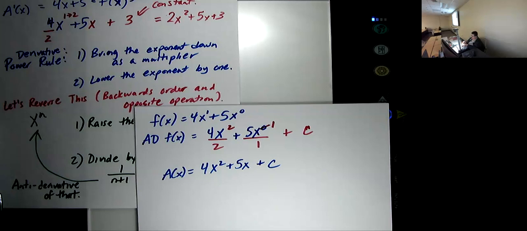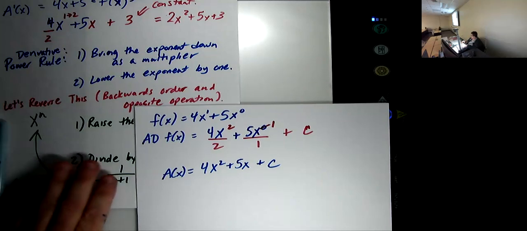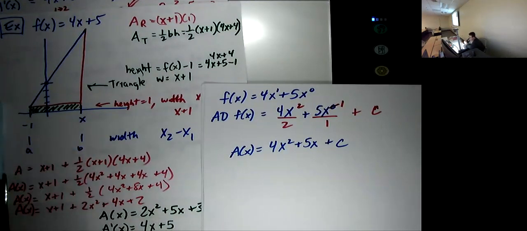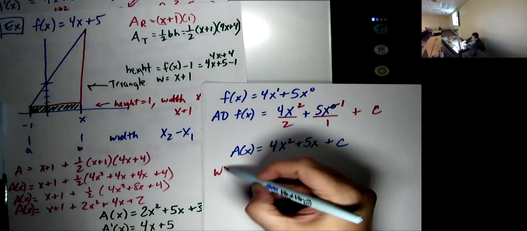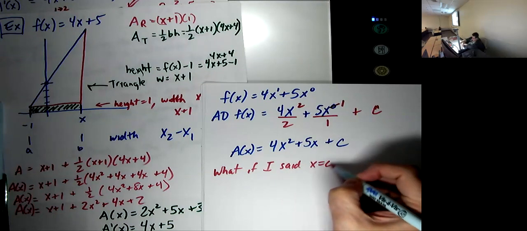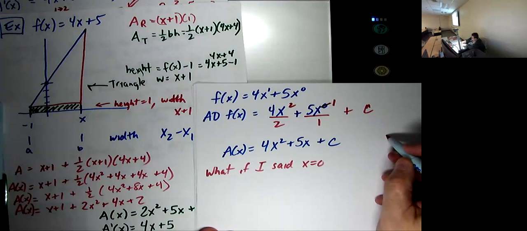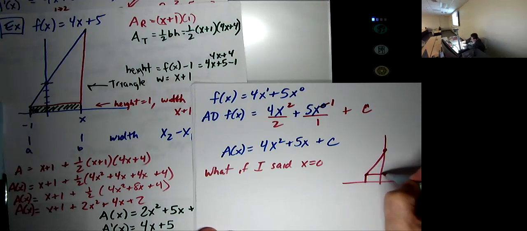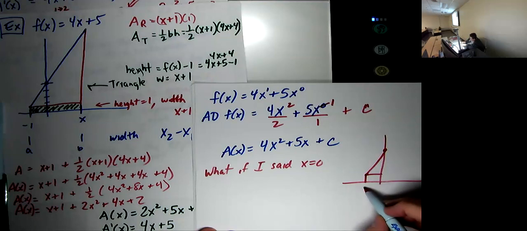How can we find c? Well, I'm going to bring that triangle back. We've been using x. What if I just said x equals 0? And then we're just looking at that's -1, that's 0.